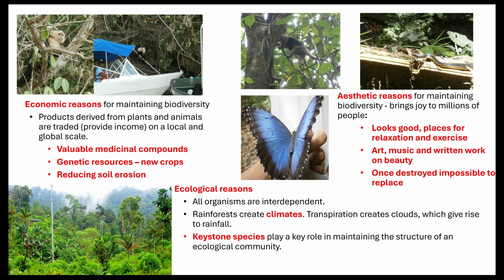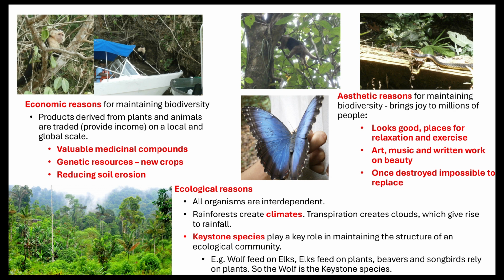Not only do we have that, but ecological reasons are also things like keystone species. We need to maintain the ecosystem as it is because there are very specific species that will play a key role in maintaining the structure of an ecological community. You know that there are food chains where your producers are fed on by your primary consumers, fed on by your secondary consumers, and so forth. If we use the example of wolves that feed on the elks, which feed on the plants, the beavers and the songbirds rely on material from the plants.